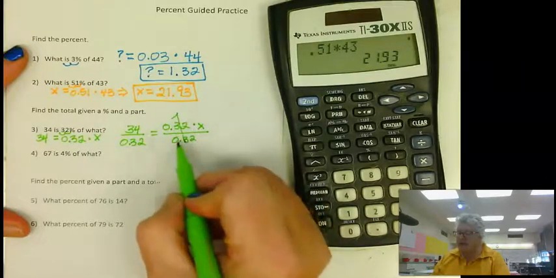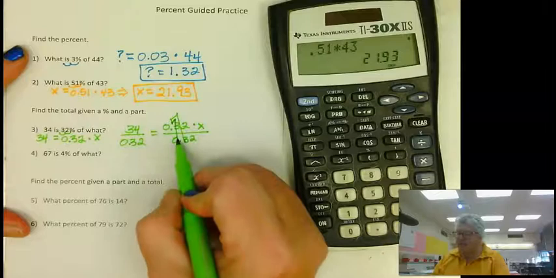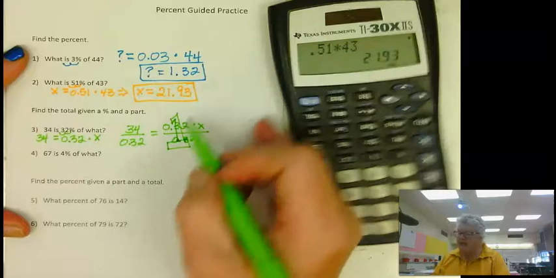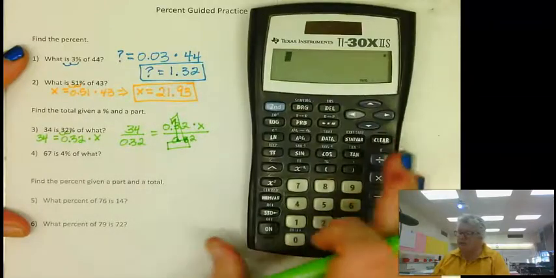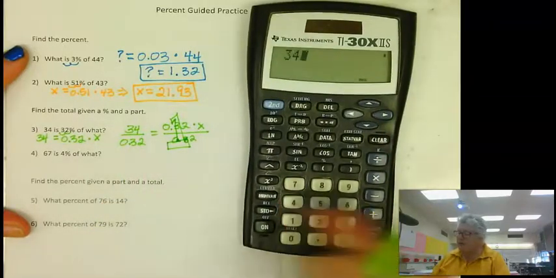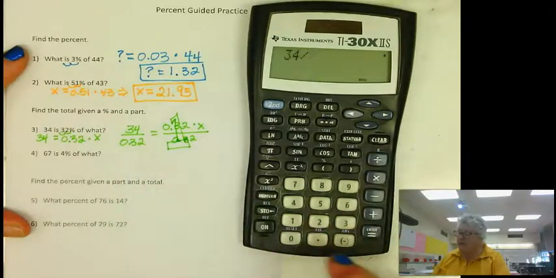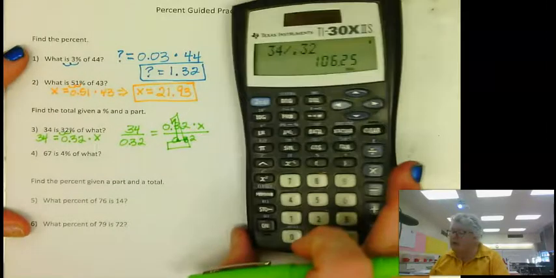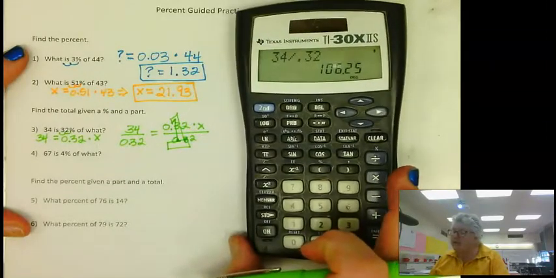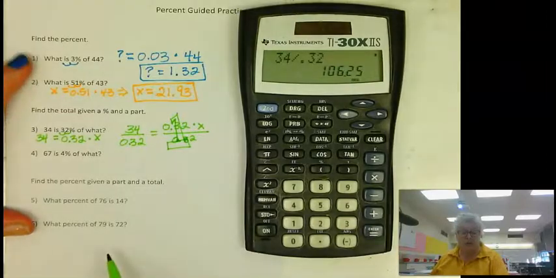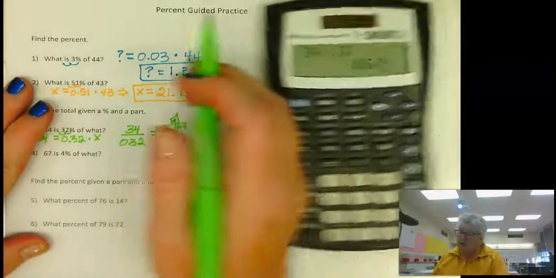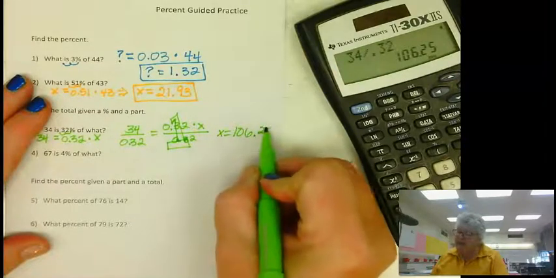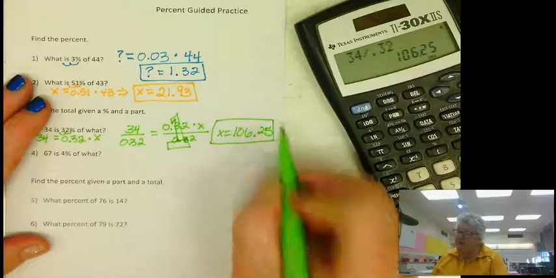And those cancel out and give you just a big giant 1. 1 times X is X. So now we're going to do 34 divided by 32/100ths, 32%. It's 106 and 25/100ths. So X equals 106 and 25/100ths. All right.